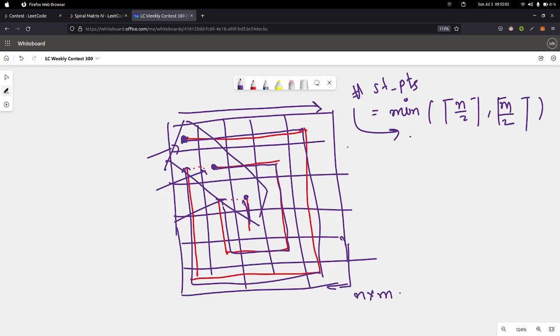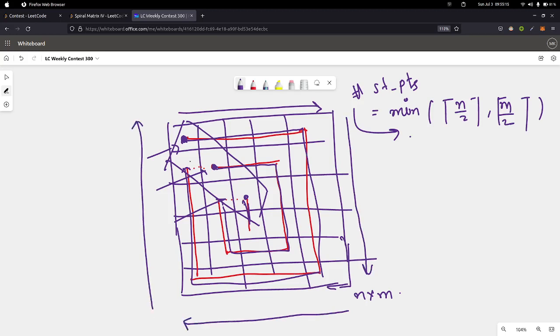Then we go from top to bottom in the last column. Then we again go from right to left in the last row, and from bottom to top in the first column. And we are not exactly starting at the corner cells at each point, right?